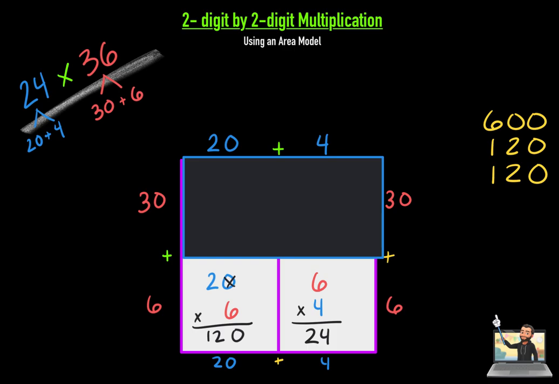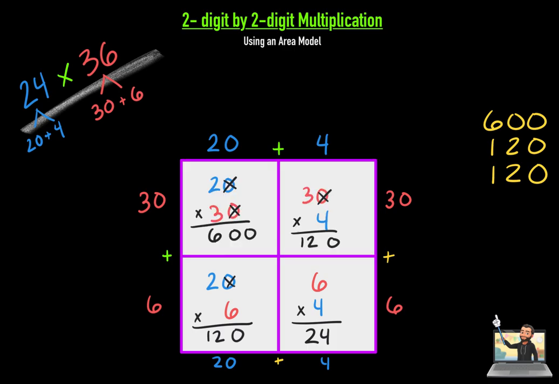Now, if I take this away, we're going to notice what we did here. We did our top row to find our partial products up top. And then we also did our bottom row to find our partial products at the bottom.